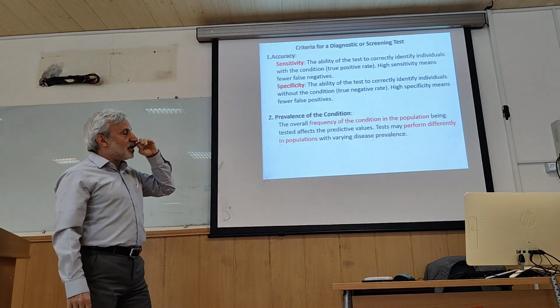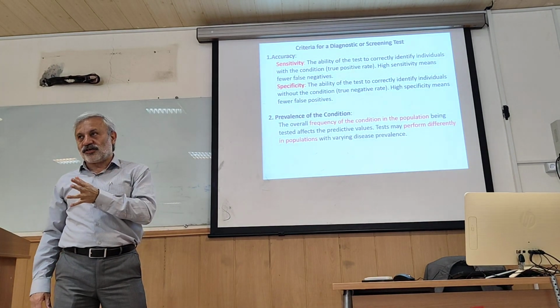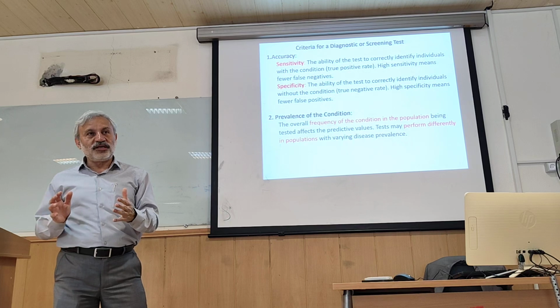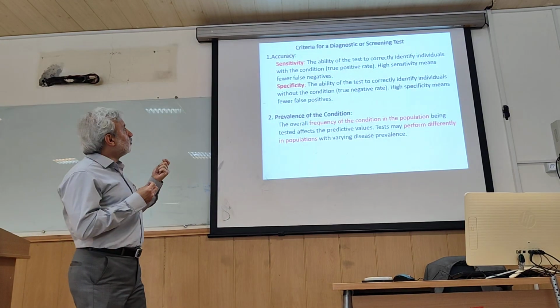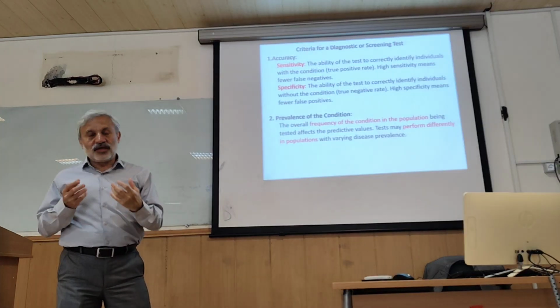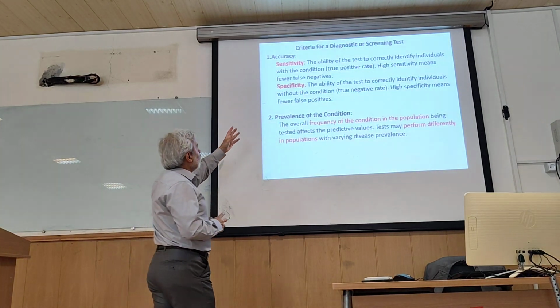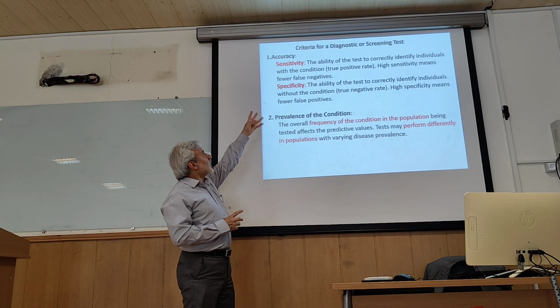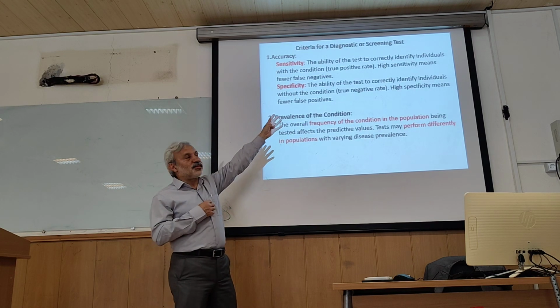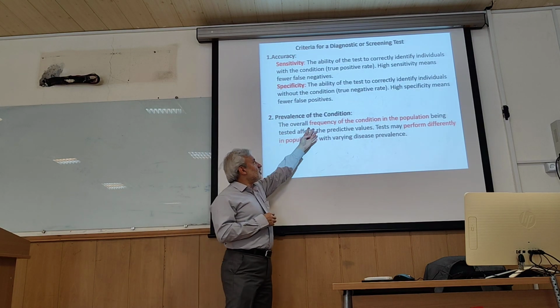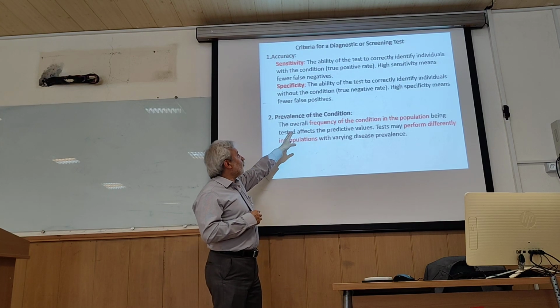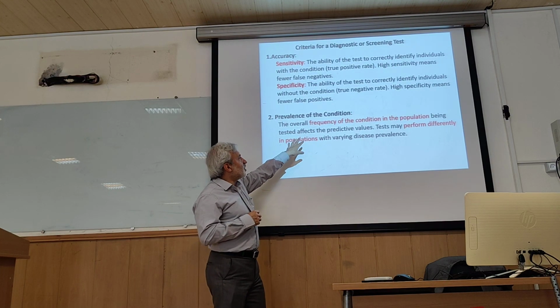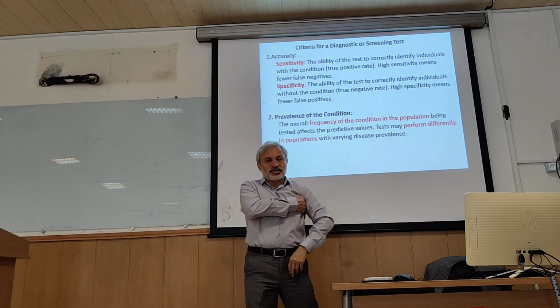Which criteria should a test have? One is accuracy, which is sensitivity and specificity. Another one is prevalence of the condition, meaning frequency in the population.